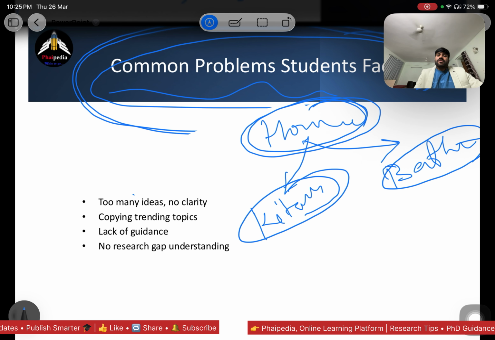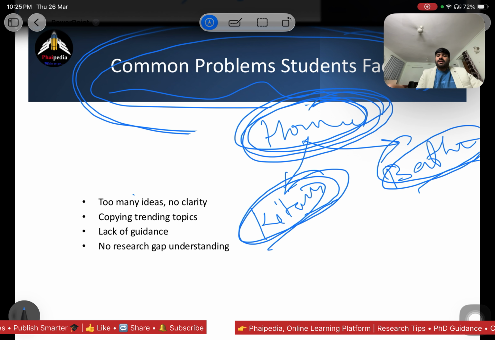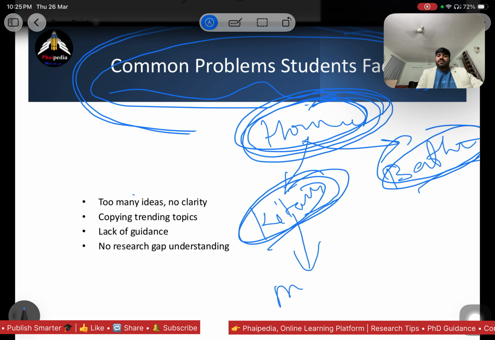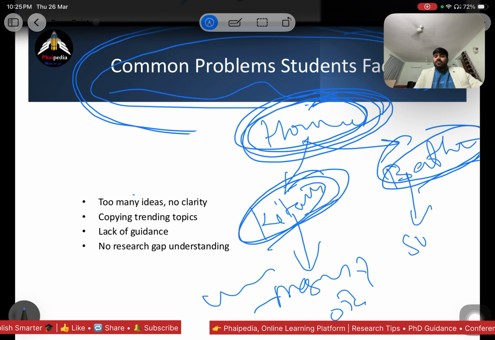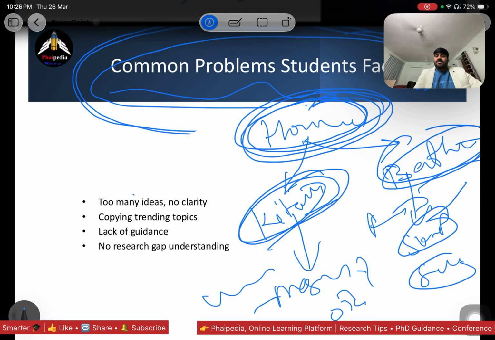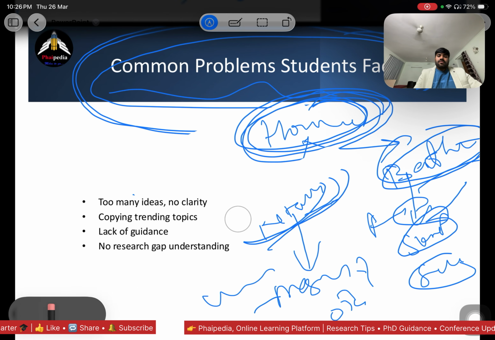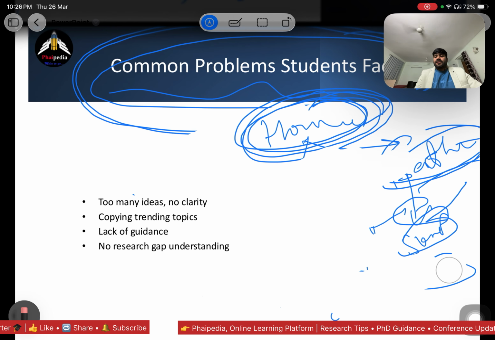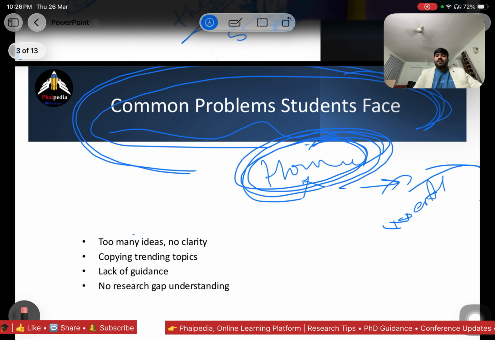So first you have to decide in these. Household is a big thing, then kitchen, then bathroom. In kitchen, what: masala or oil or vegetables and all. In bathroom: soap, shampoo, freshener. I think you are understanding my point of view. So too many ideas, no clarity in which direction you want to go. So this is the example.